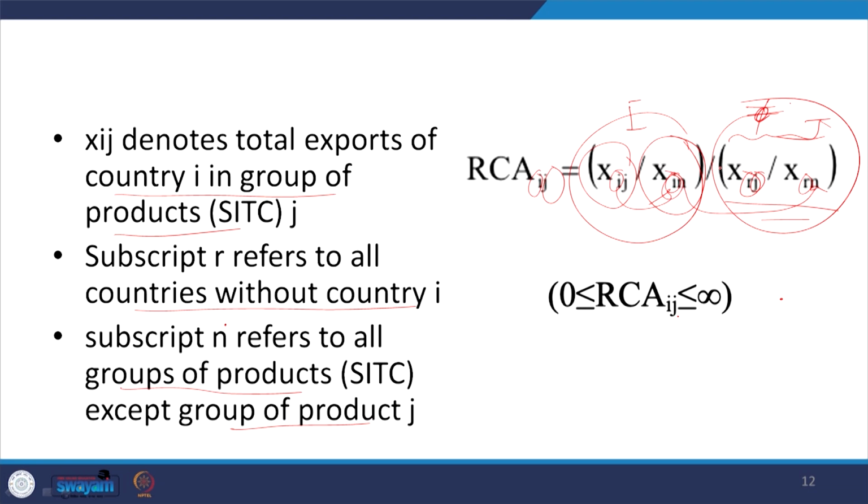So, the range, as I have already discussed in the earlier lecture, varies from 0 to infinity, because it might start with 0 exports of the Jth industry. So, 0 is possible. It might also be the case that the other countries' value, the denominator, is 0, so something divided by 0 is infinity.